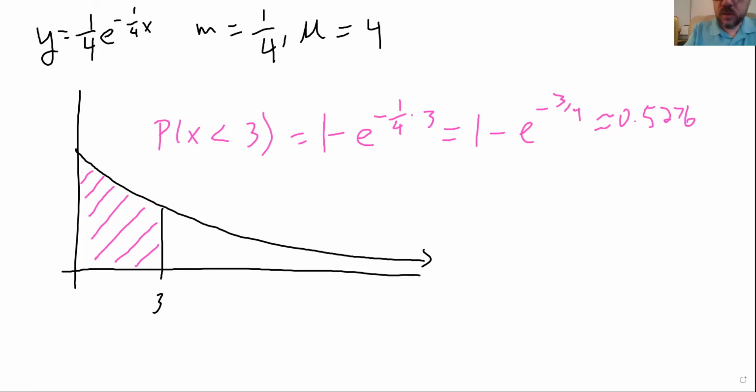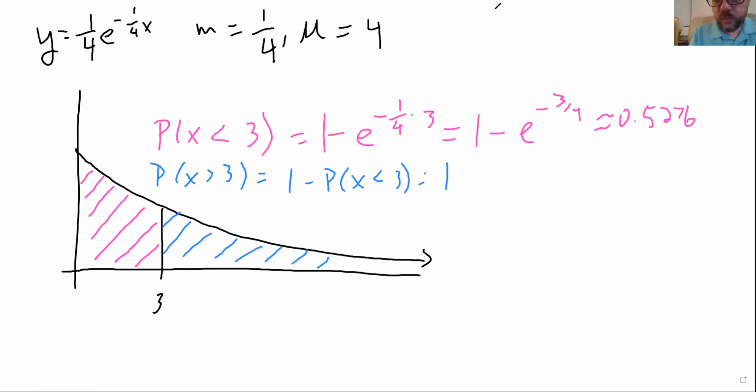So the probability that x is greater than 3 equals 1 minus the probability that x is less than 3, which is 1 minus 0.5276, using our clever formula of 9s and 10s, so I want 0.4724. All right, great. That's how we do that question.